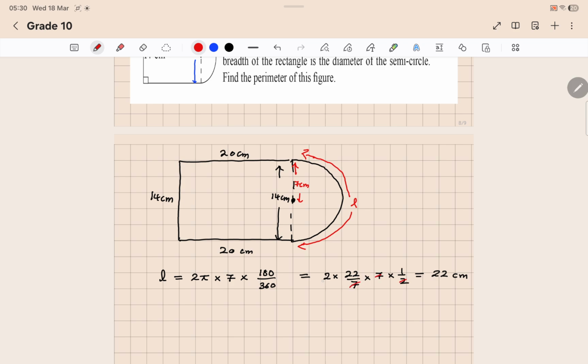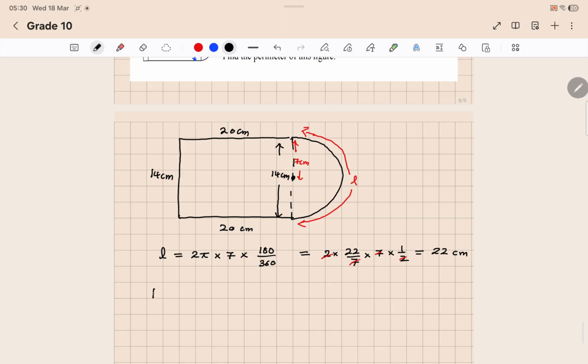So then what's the perimeter? This 14, this 20, this L, which is 22, plus this 20. So 34, 56, 76. 76 centimeters is the perimeter. That was an easy compound shape. Next one we'll see something more complicated.